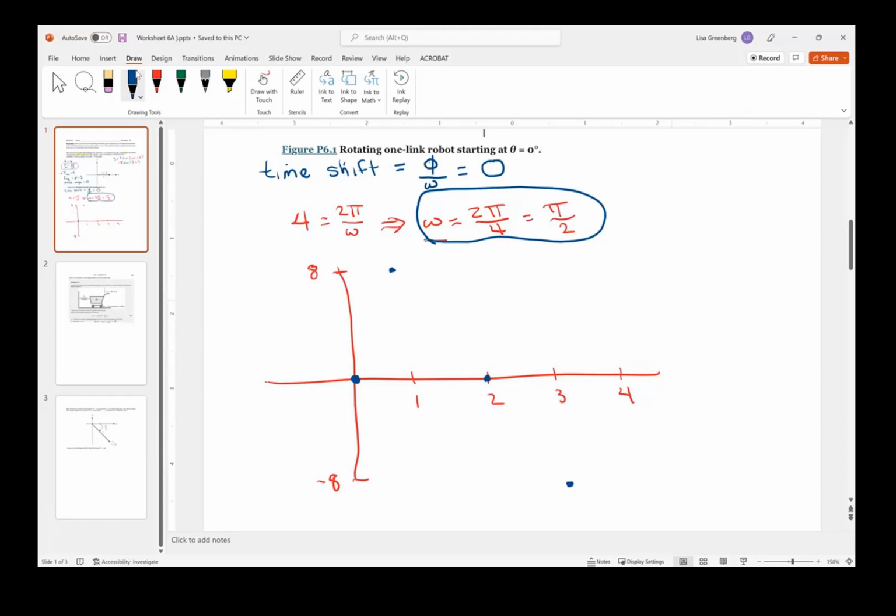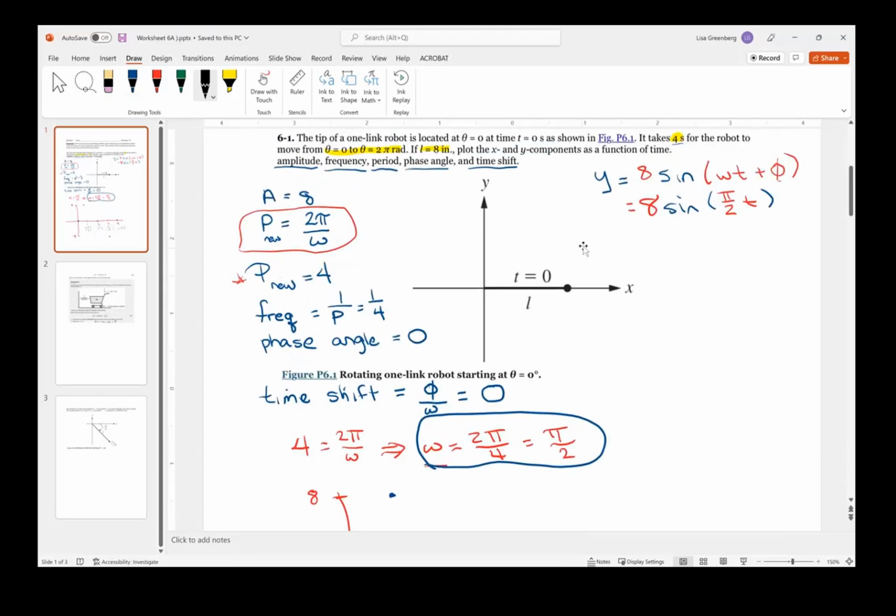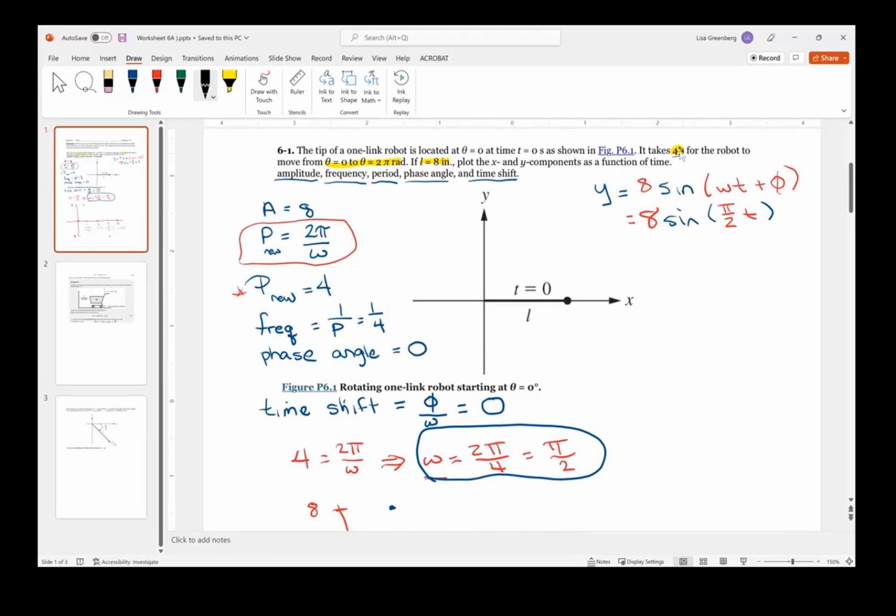Actually, I probably should show you how that all works. So this is pi over 2. This is pi. This is 3 pi over 2. And this would be 2 pi. We were told that our period is 4 seconds.